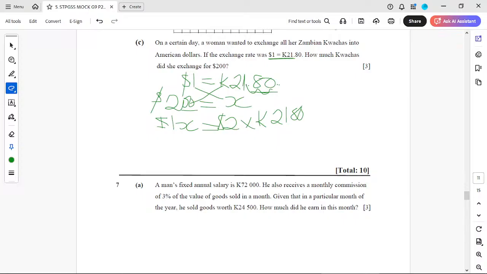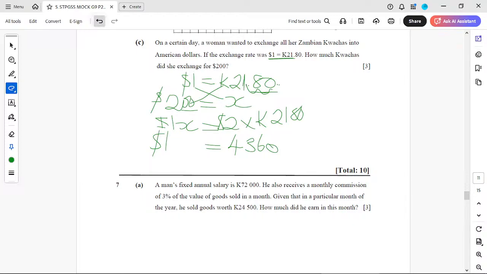Okay, so when we multiply $2 times 2,180 kwacha, we say 2 times 0 will be 0, 2 6 12 carry 1, 2 times 1 will give us 2 plus that 1 we carried, it will give us 3, 2 times 2 will give us 4. Okay, so sorry, 4,360.